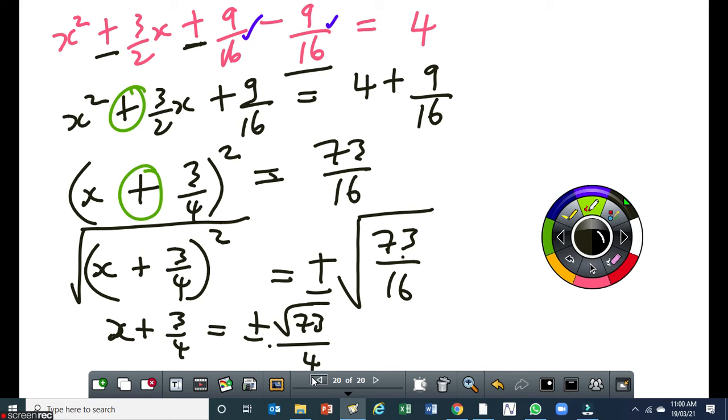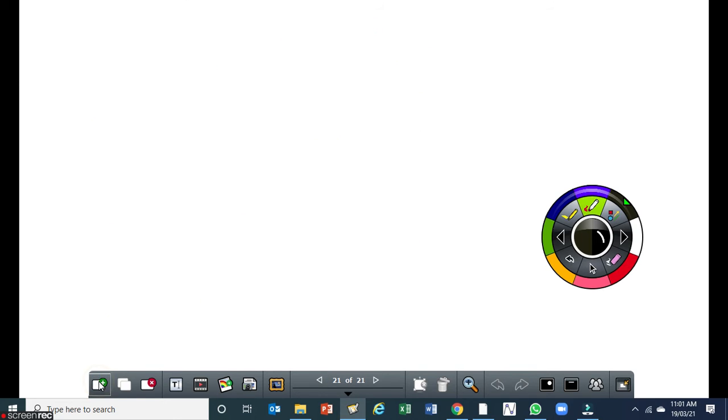Then next step, I'll take the positive 3 over 4 to the right. If I do that, I'll get x equal to minus 3 over 4 plus or minus the square root of 73 over 4.